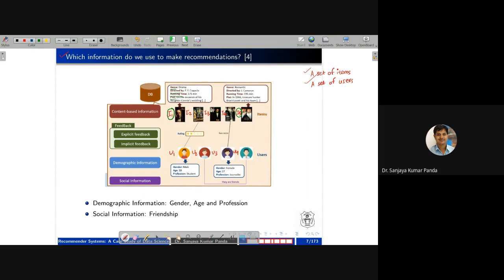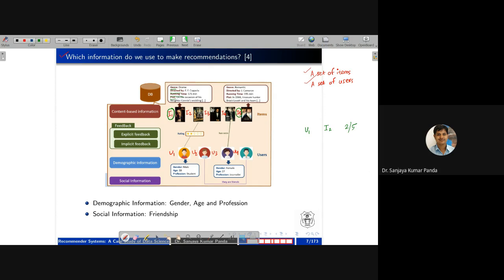Now, not only this is important, but feedback also plays a very important role. If I ask these users about a particular movie, if they have watched that movie or heard about it from others, then they can comment on it. Like I asked user U1 about movie I2, and user 1 rated that movie as 2 out of 5.